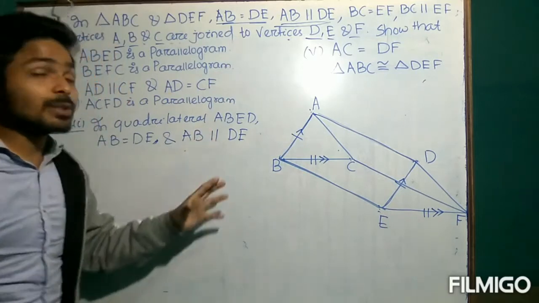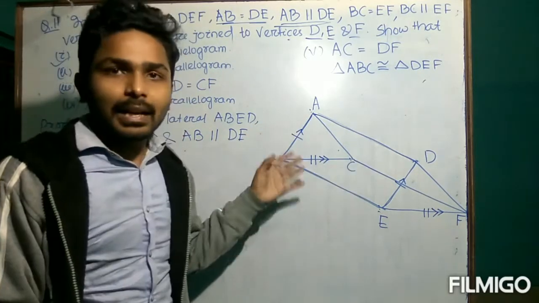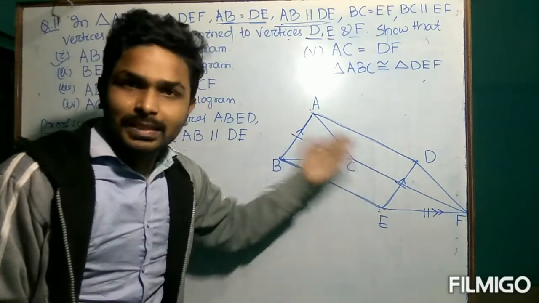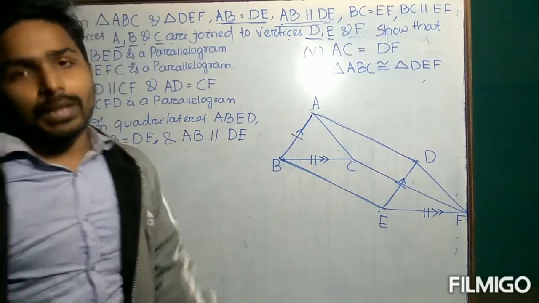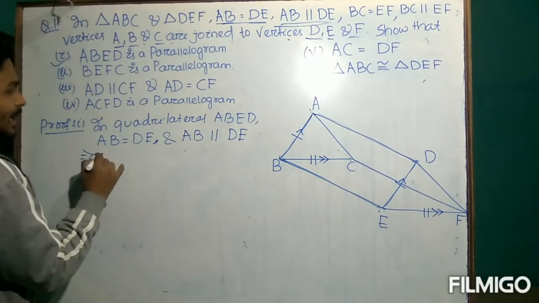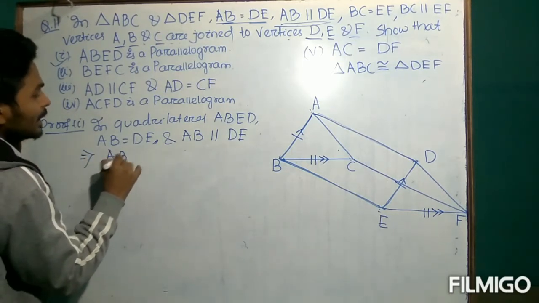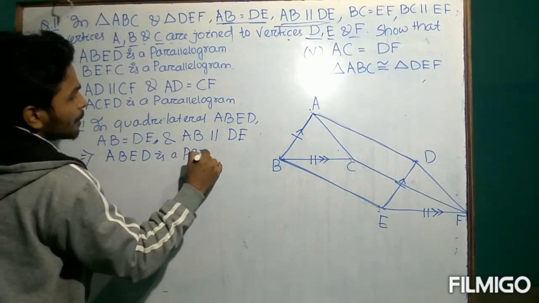Understood? And according to theorem 8.8, which we have studied, if in a quadrilateral any pair of opposite sides are equal and parallel, then it is a parallelogram. So what can we write? We can write: hence, it implies ABED is a parallelogram.